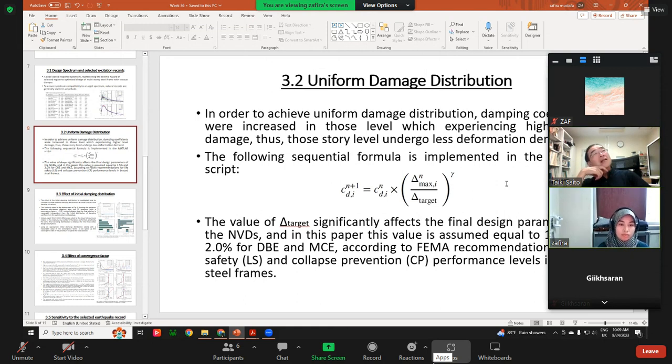So in practical design, engineers usually use a simpler method like the capacity spectrum method.